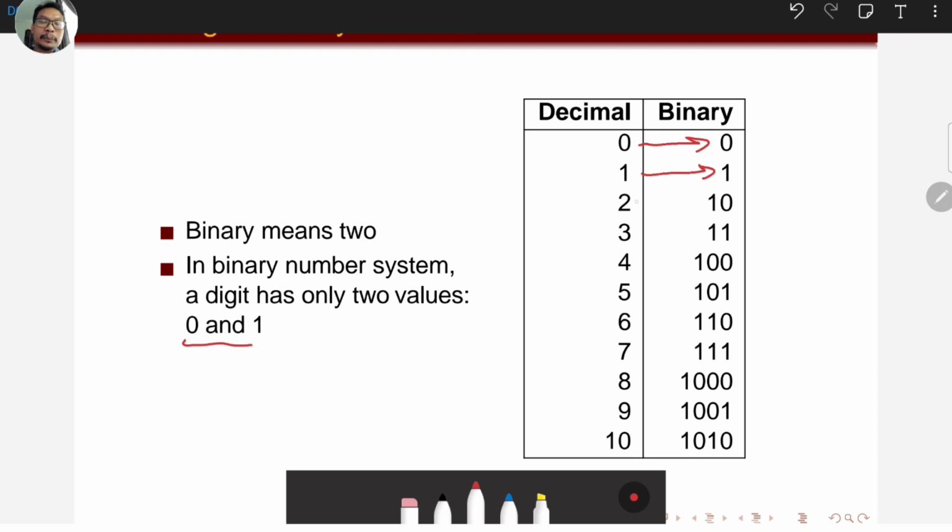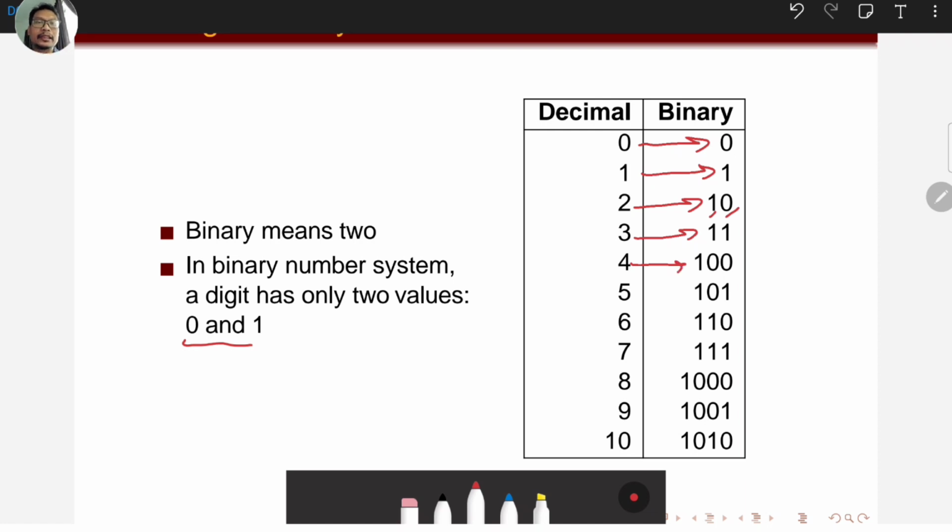Now for number 2, since binary only allows 2 possible values, which are 0 and 1, number 2 has to be represented using 2 bits. So these are the bits here, bit 1 and bit 2. For number 3, we also need 2 bits, and for 4 here, we're going to need 3 bits.